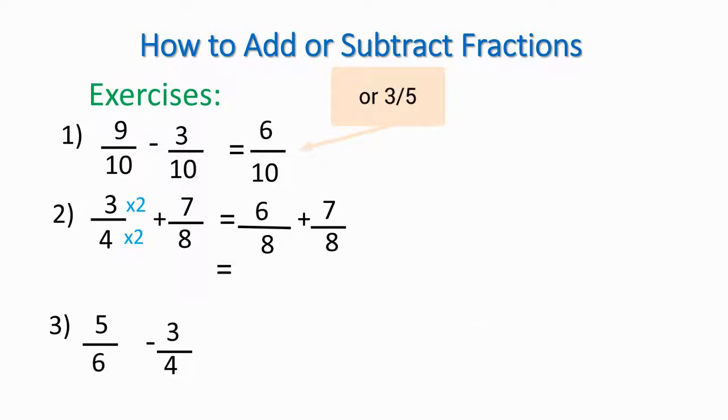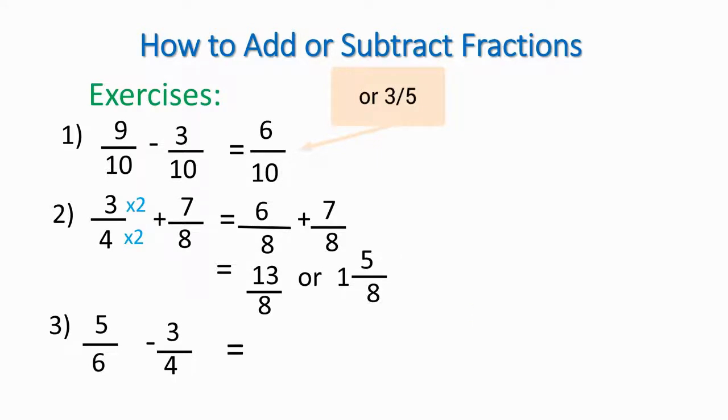Copy the common denominator of 8, add the numerators 6 and 7, which will give you 13. 13/8 is an improper fraction, so we're going to simplify that. By now you should know how to convert improper fractions into mixed numbers. So 8 goes into 13 once, and you have a remainder of 5, and just copy the denominator. So your answer is 1 and 5/8.